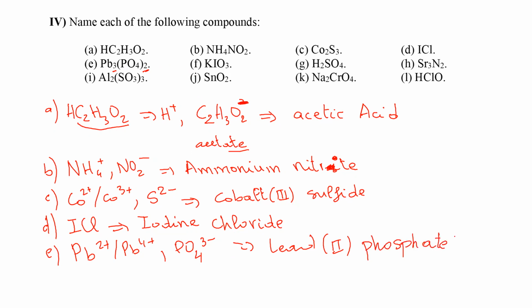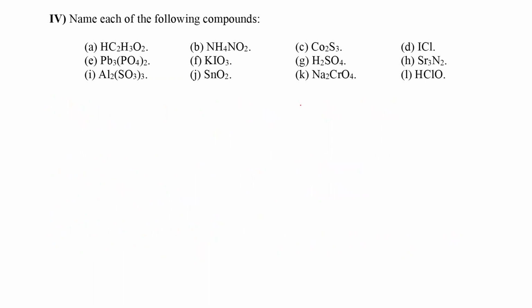Okay, so we did A, B, C, D, and E. Let's go to F. F is based on a metal and a polyatomic anion: potassium and IO3 minus, which is iodate. Very good. So it's going to be potassium iodate.